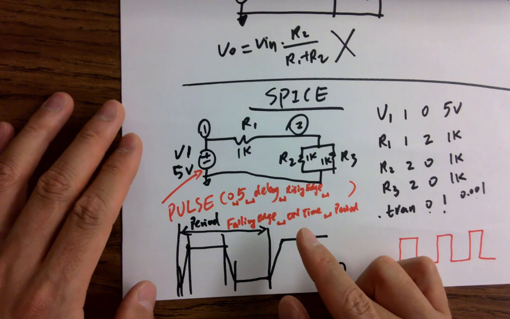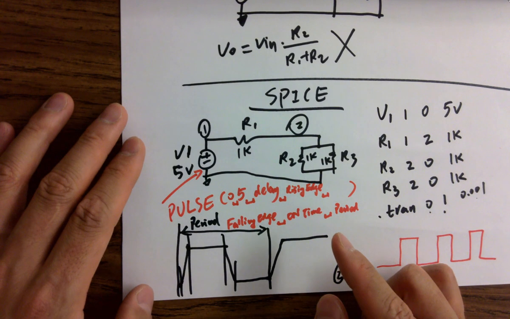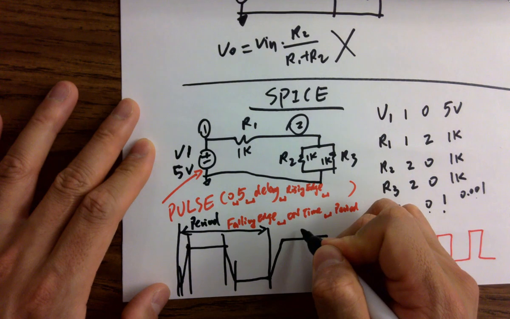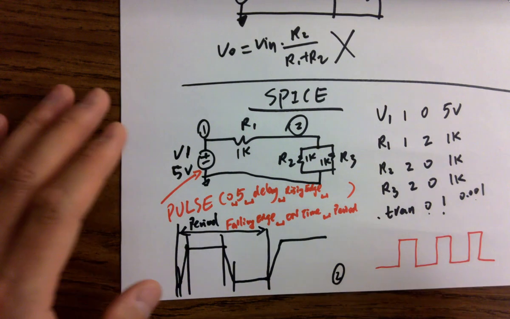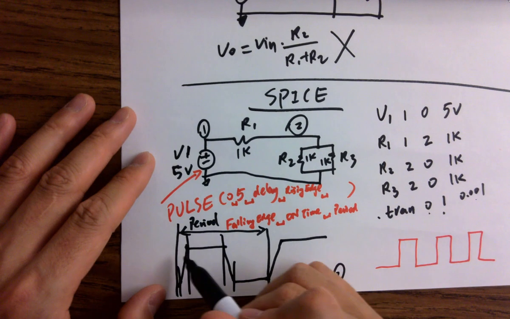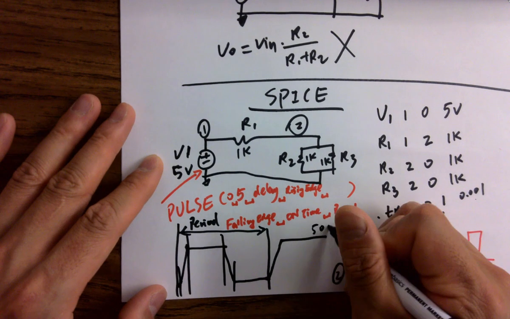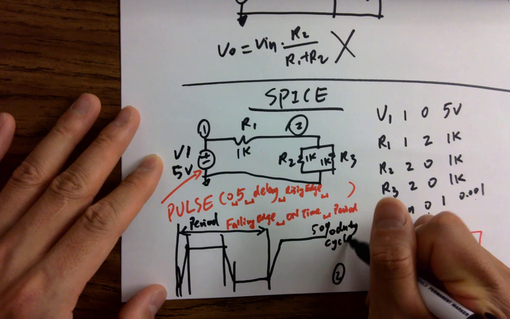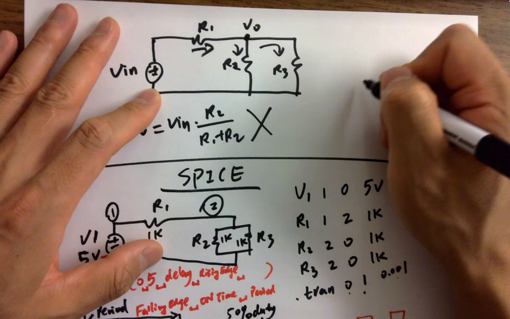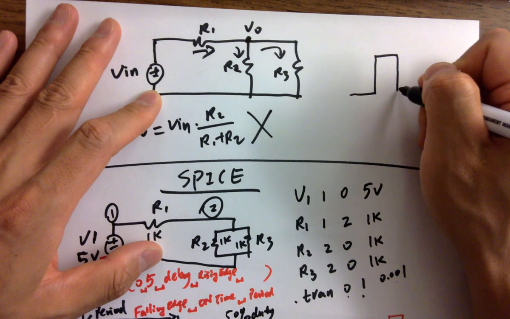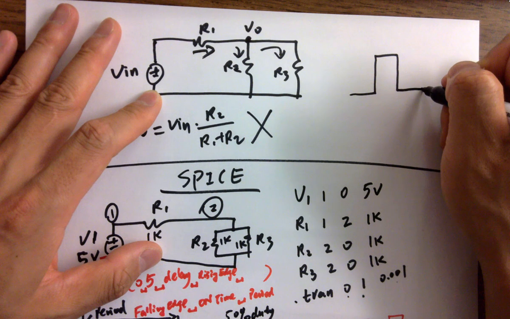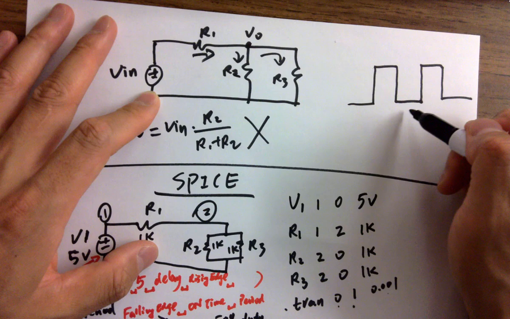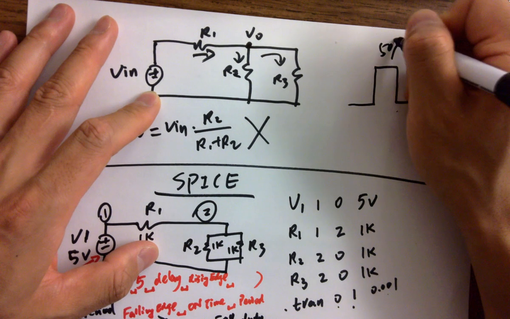A lot of times in the past, the older versions of LTspice wouldn't allow you to put that, but we don't have to mention that. We just need to let you guys know you want to have a 50% duty cycle for most of the time. So duty cycle means the percentage of the period that the on time takes up. If you have equal on and off times, this is a 50% duty cycle, right?